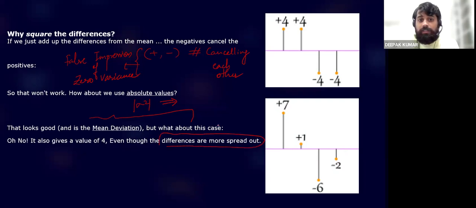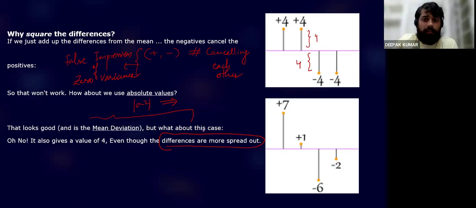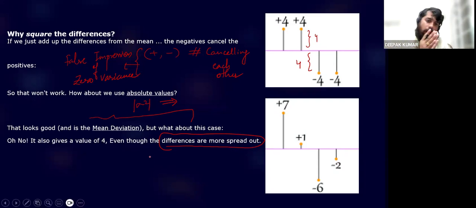Can you see the differences? Here the differences are 4 upside and down, but here see the difference. Because what the variance is all about is difference, it's all about spread. It's about how far the point is from the mean. So here, all 4 points are the same distance apart from the mean.